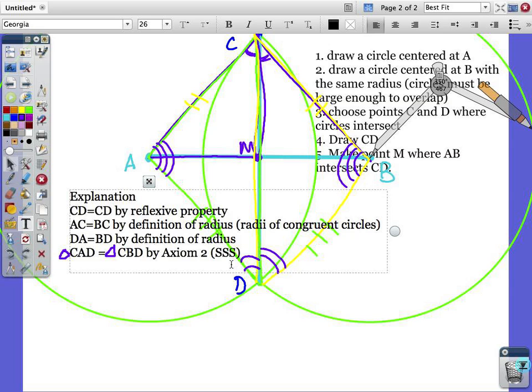So we can use axiom 1 and 2 in the same column. So we have that angle ACM is congruent to angle BCM by CPCTC.